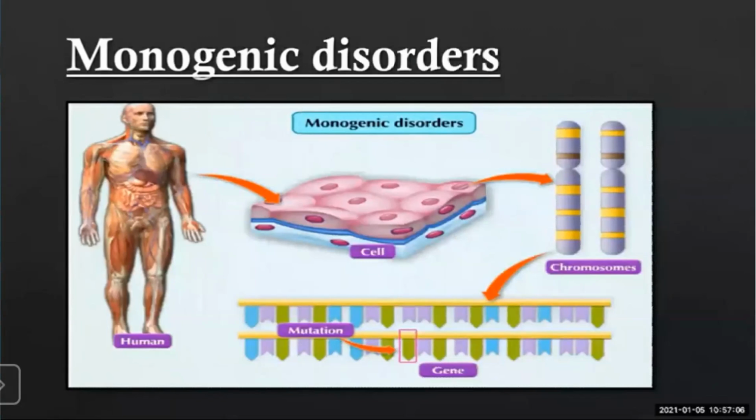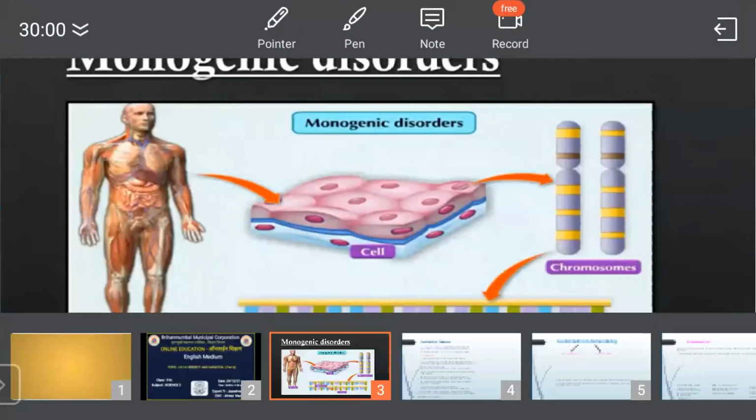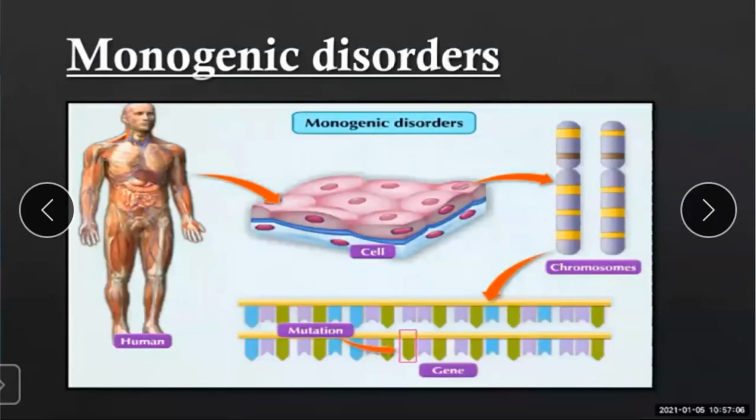A sudden change or mutation in a normal gene turns it into a defective gene, and the defective gene causes a monogenic disorder. There are approximately 4,000 different monogenic disorders.